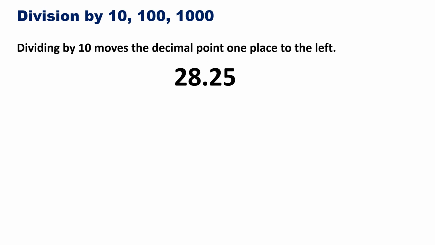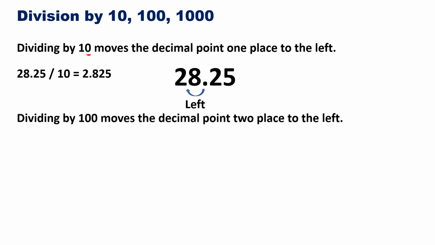Let's see one example. Same example, the 28.25. This example we have taken in the multiplication also. If we divide 28.25 by 10, then this decimal point will move 1 place to the left. Why 1 place? Because, as I told, in 10 only one 0 is there. So what will be the answer?